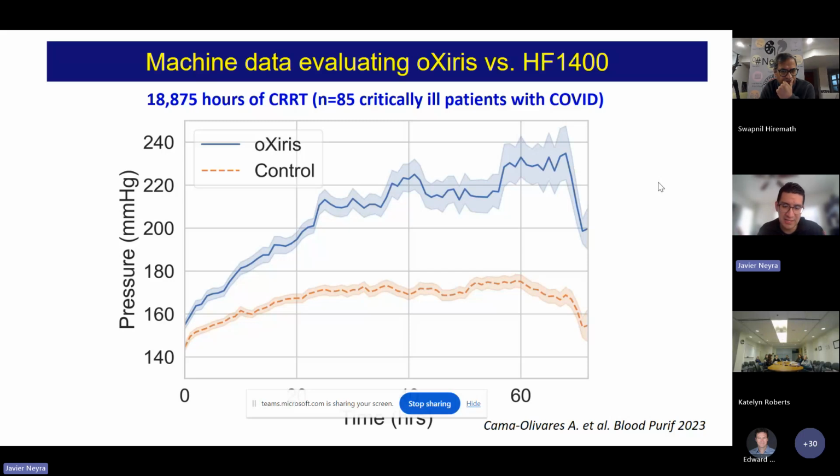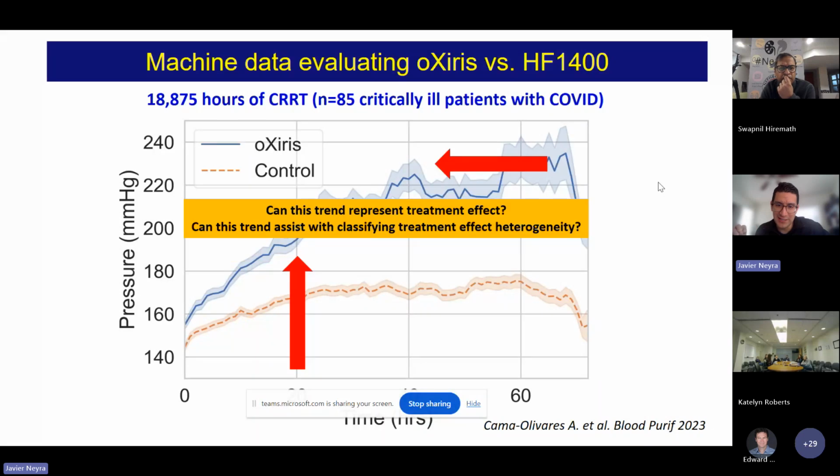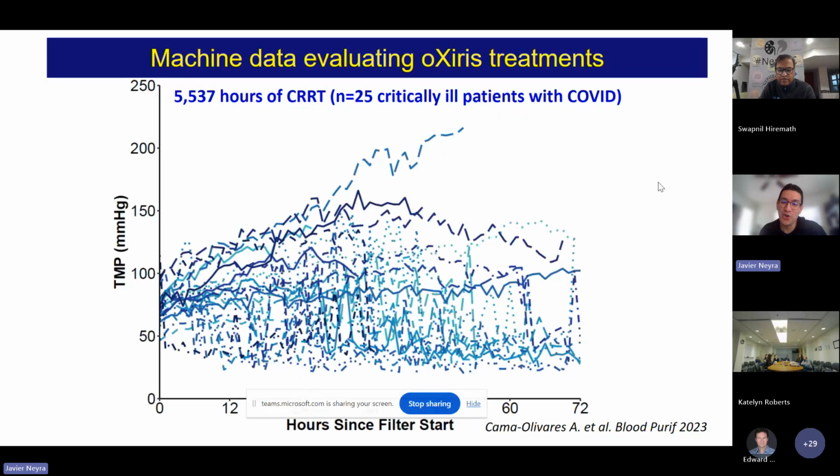This is an observational study, not a randomized clinical trial, but this is not surprising, right? But this is what we see when we try to phenotype or to evaluate two interventions. But then when you evaluate this trend of the Oxiris filter in terms of treatment effect, and you can say how heterogeneous this trend is according to patient-level data, this is what happens.